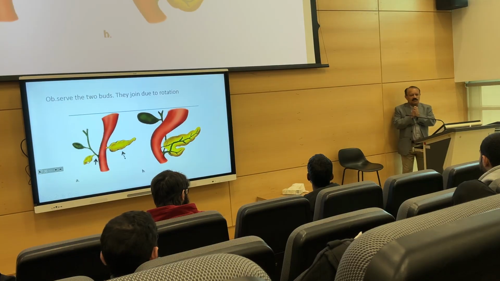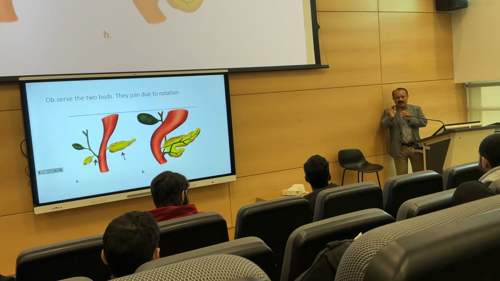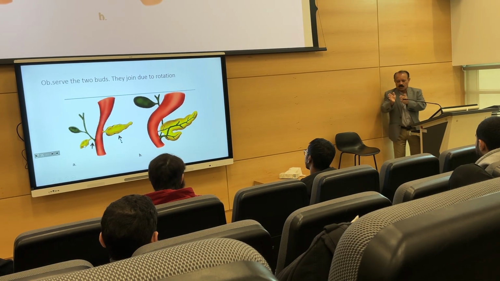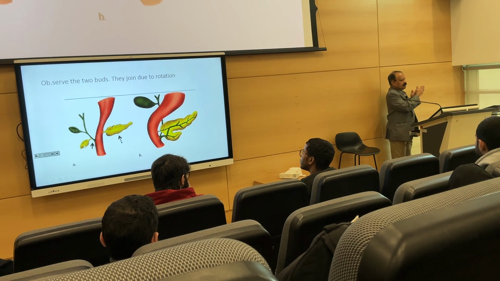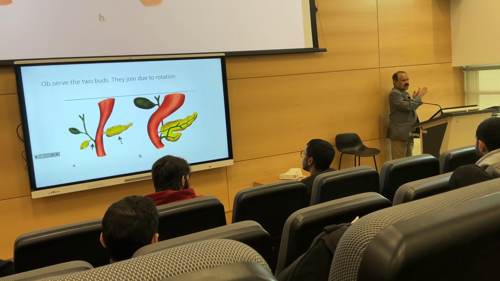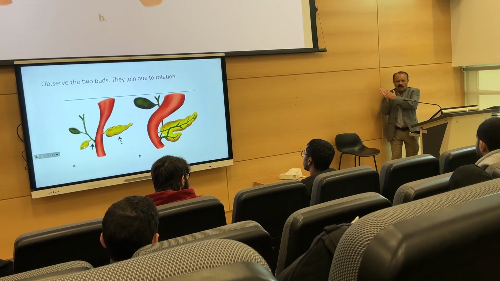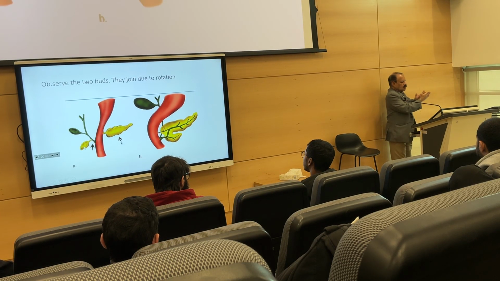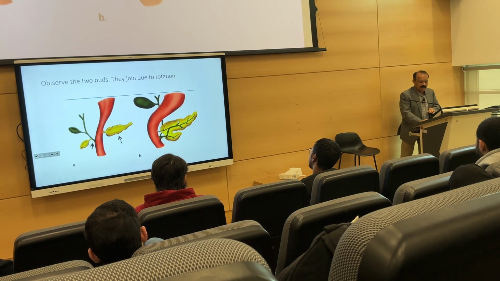The dorsal bud is more important because it goes on to form the neck, the body and the tail. So if I have to draw the pancreas, the dorsal bud is more, and the ventral bud is small. It comes from there and joins over there, but the ventral bud produces only part of the pancreas.